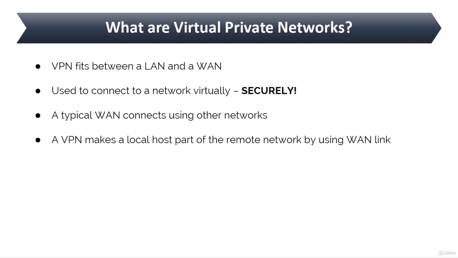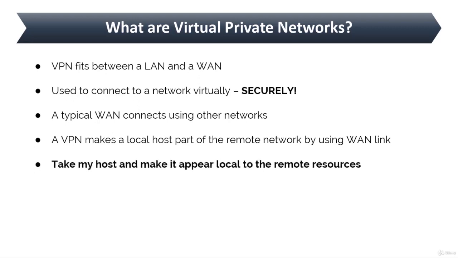So a VPN actually makes your local host part of the remote network by using the WAN link that connects to the remote LAN. Now, the VPN will make your host appear as though it's actually local on the remote network. This means that we now have access to the remote local area's resources, and that access is very secure.